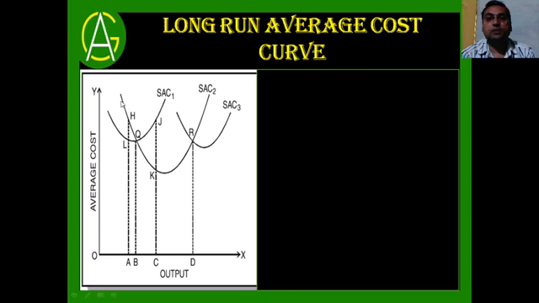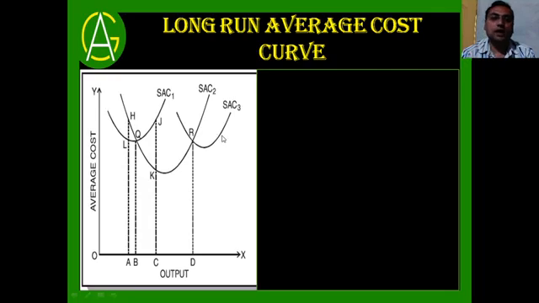This is known as a plant curve. So this is plant 1, this is plant 2, this is plant 3. We have given 3 different plants. SAC1 is plant 1, SAC2, that is short run average cost curve 2, is plant 2, and short run average cost curve 3 is plant 3. So 3 plants are given.